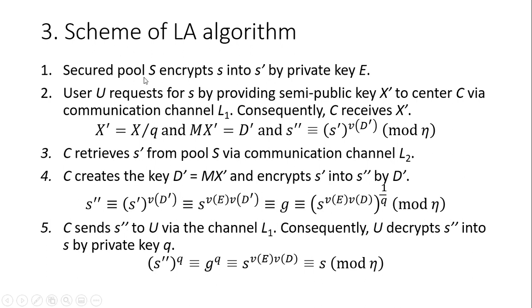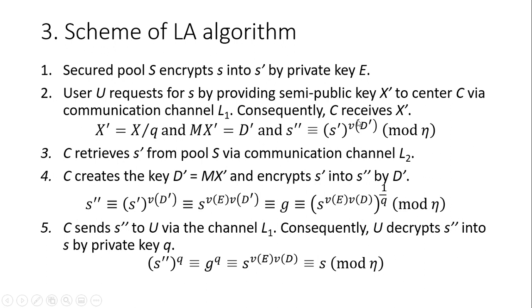Step 1. Secure pool S encrypts S into S squared by private key E. User U requests S by providing public key S squared to center C via the communication channel L1.